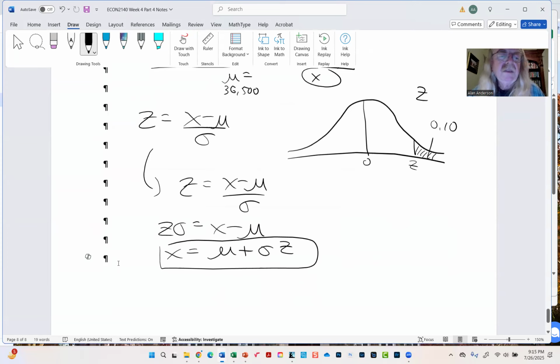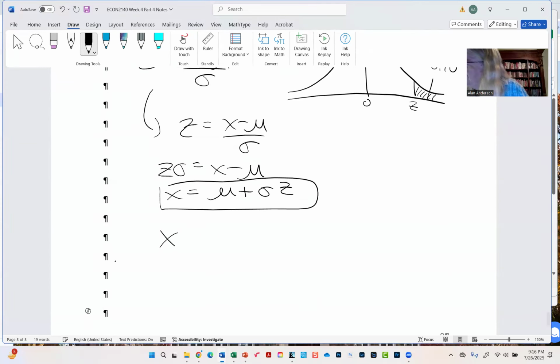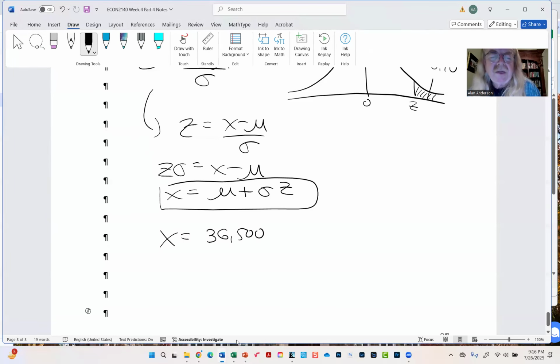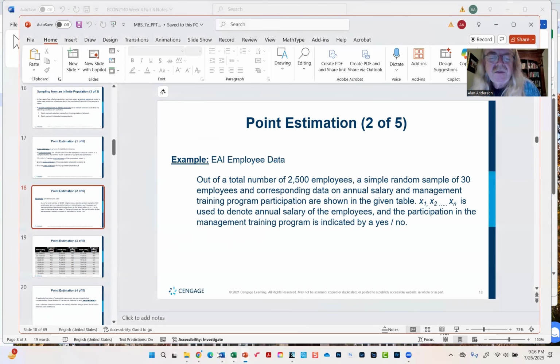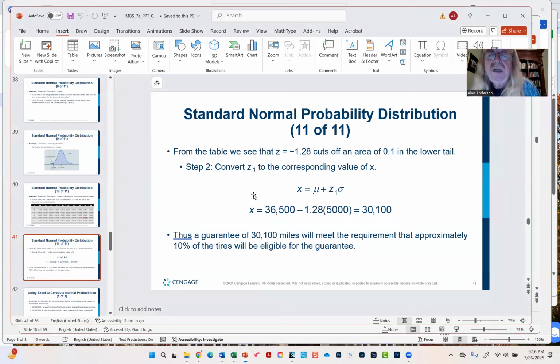Okay, so by plugging in these numbers, oh, by the way, in order to do this, what we also need is this.